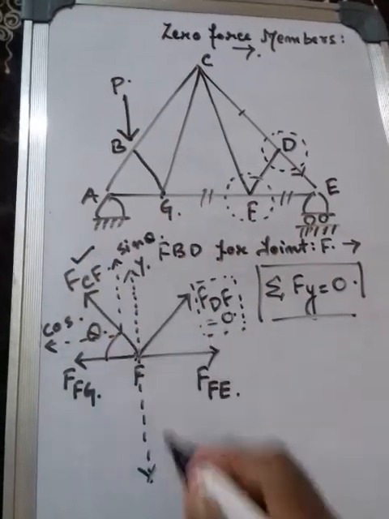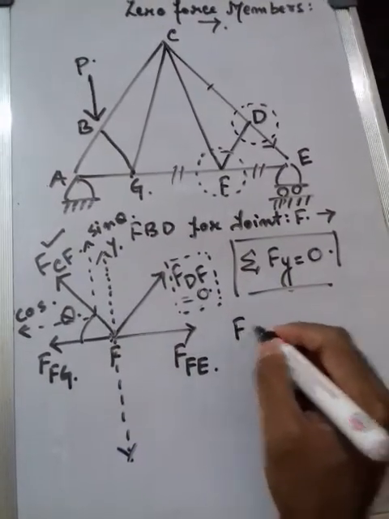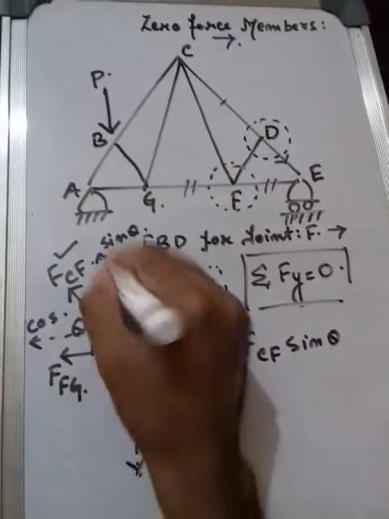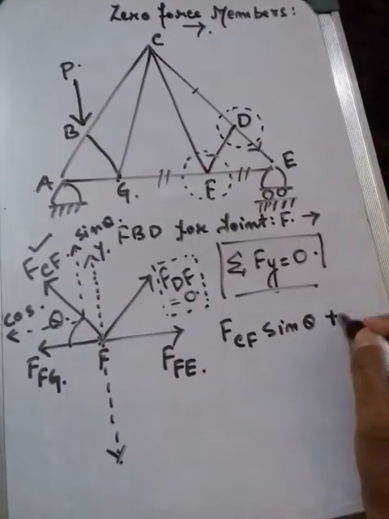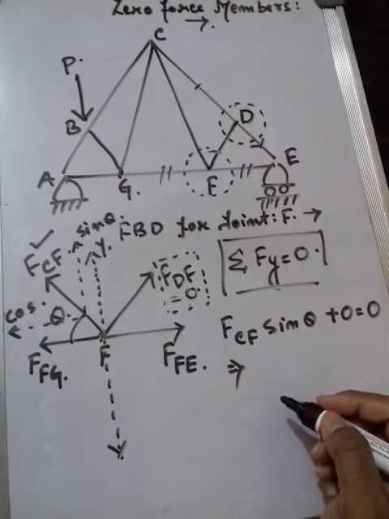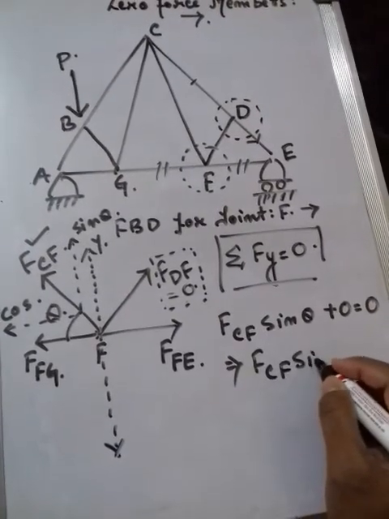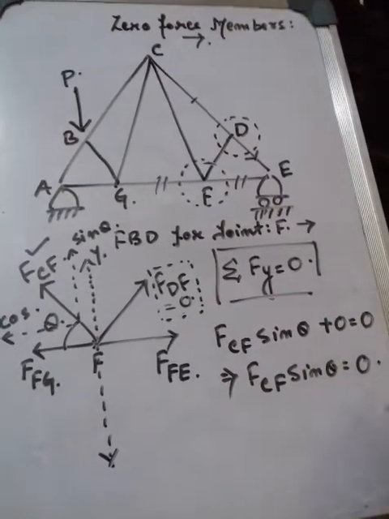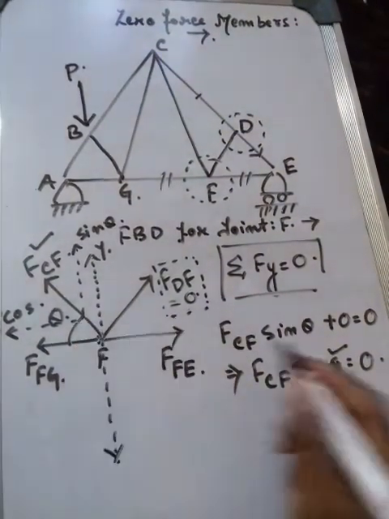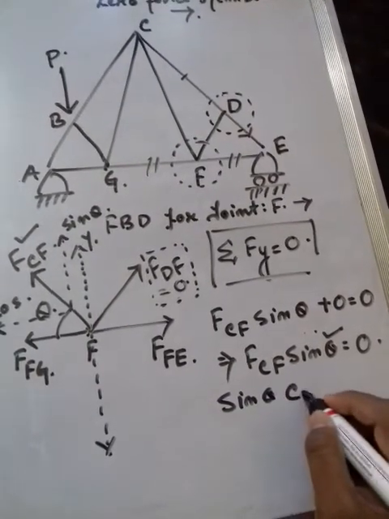So the y component will be FCF sine theta, acting in the upward direction, plus FDF equal to 0. Now FCF sine theta is equal to 0, but theta has a definite value, so sine theta cannot be 0.